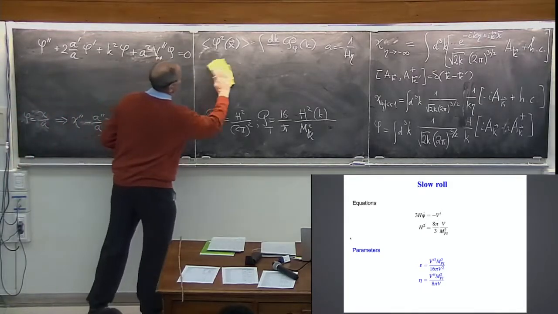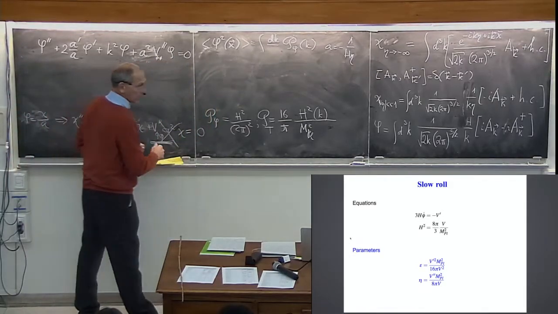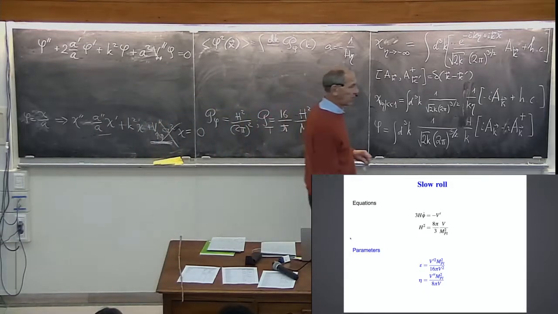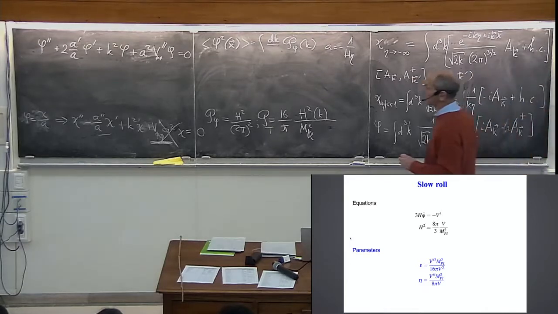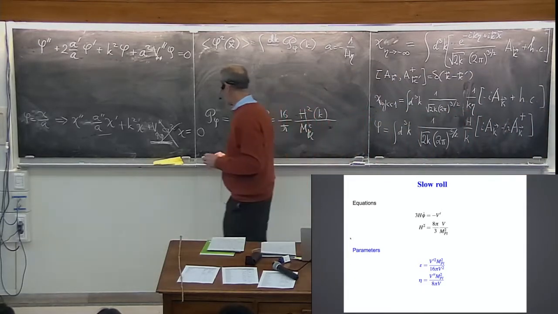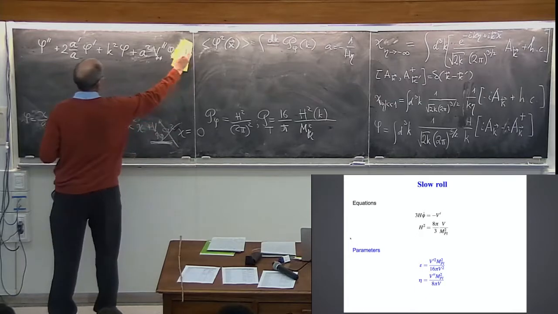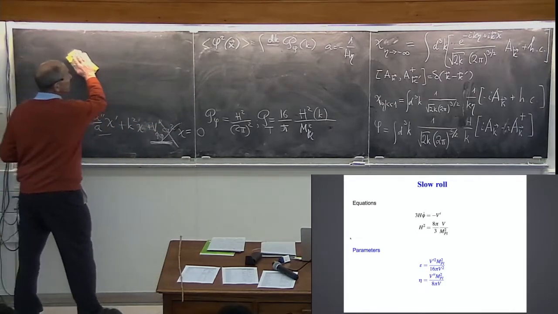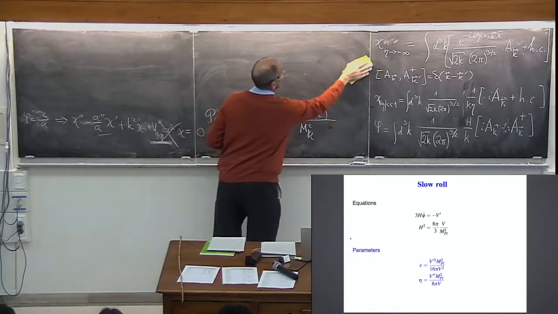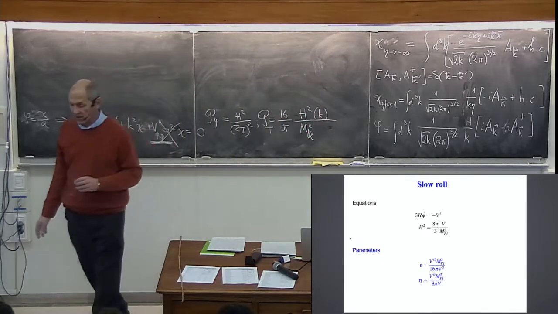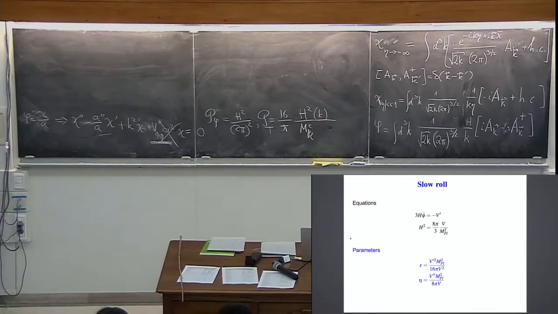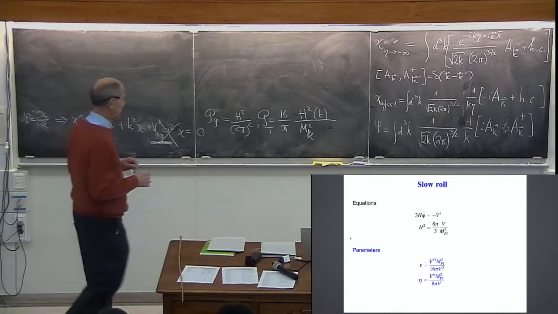Remember, we don't want to calculate the perturbations in the inflaton field per se, or the metric perturbations, the gravitational potentials themselves. What we are actually interested in is the quantity that remains constant in time all the way from inflation to radiation domination.